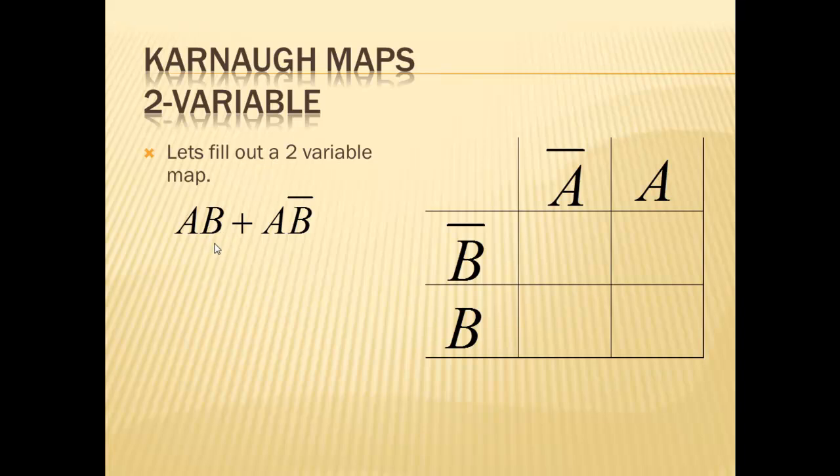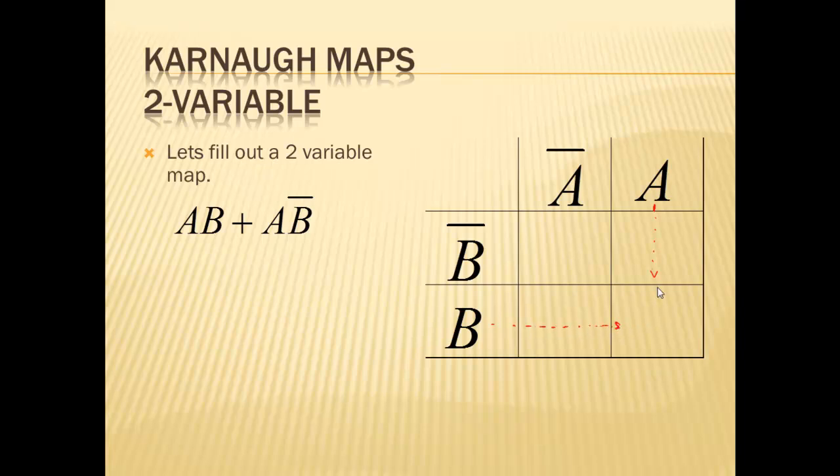But for a Karnaugh map, we're going to play Battleship. If you ever played Battleship, you remember you have letters on one side and numbers on the other, and you say like B5 or D4, and you put your little marker there. We're going to do something really similar here. The first set of variables is AB. So we find A, which is right here, and go to where B and A intersect.